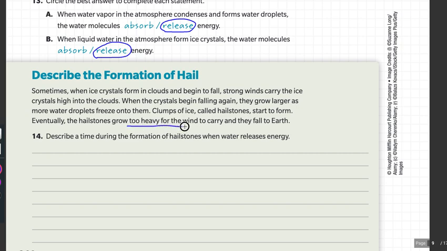That's probably the easiest example. They're losing energy because the wind can't carry them around anymore, so they just fall to earth. And then they'll actually gain kinetic energy as they fall. But the water molecules themselves have lost energy when they freeze and form hailstones.